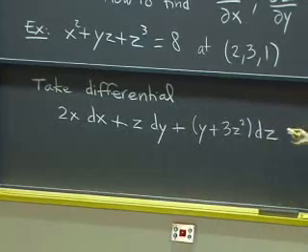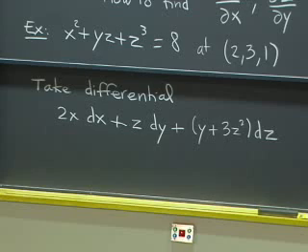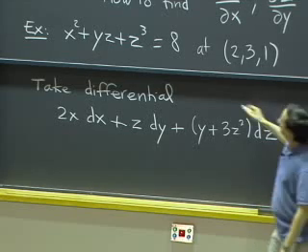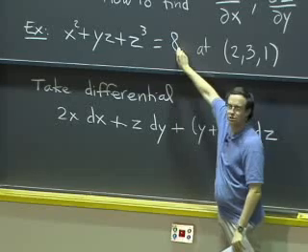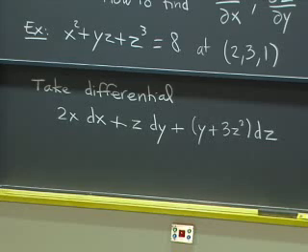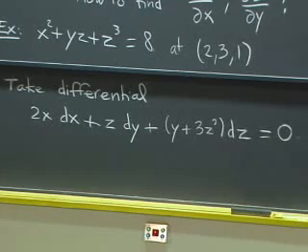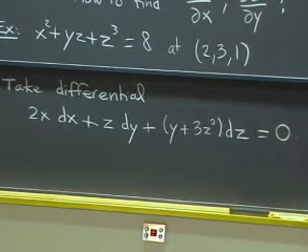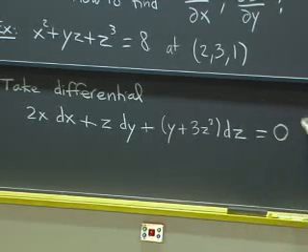Well, this represents somehow variations of G. But, well, I've set this thing equal to 8. And 8 is a constant. So it doesn't change. So, in fact, well, we can set this to 0. Okay?